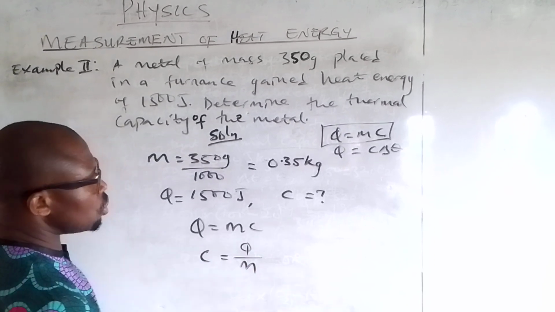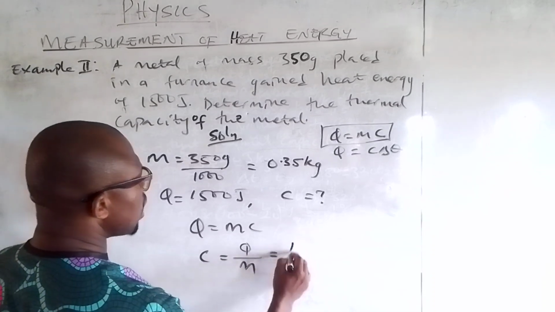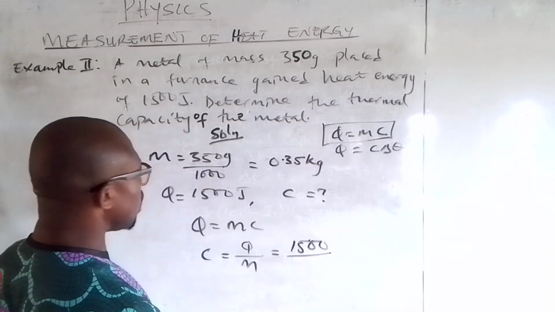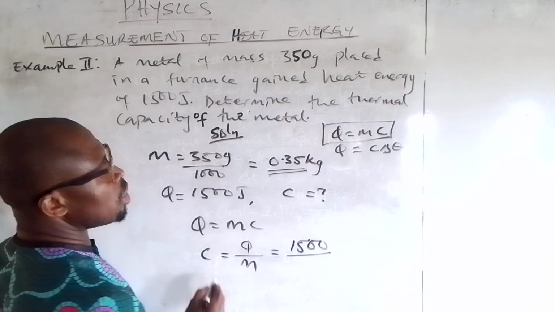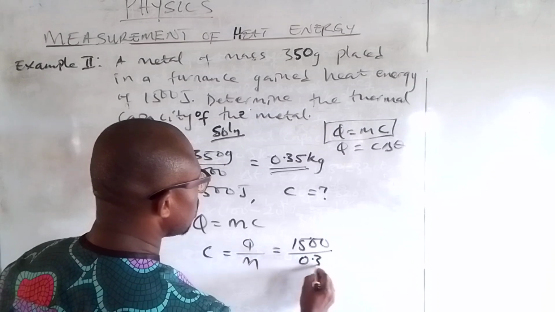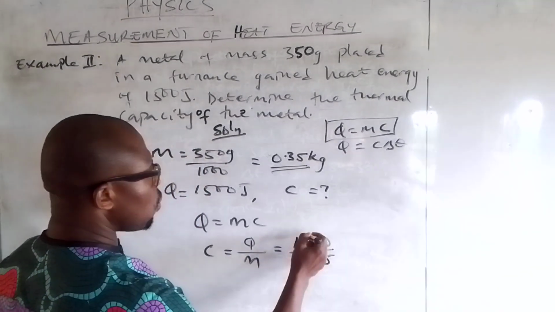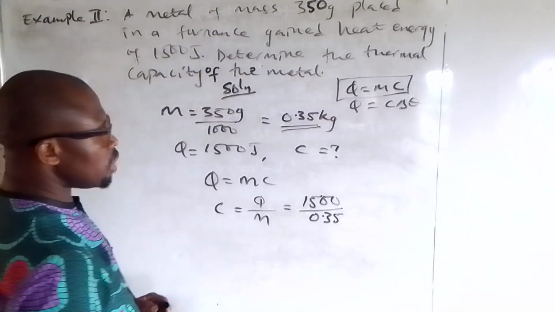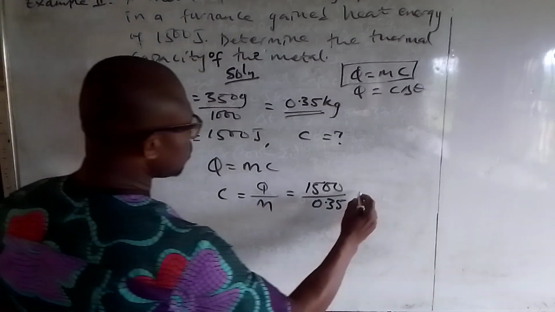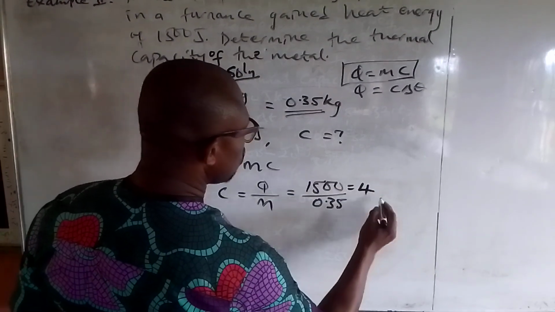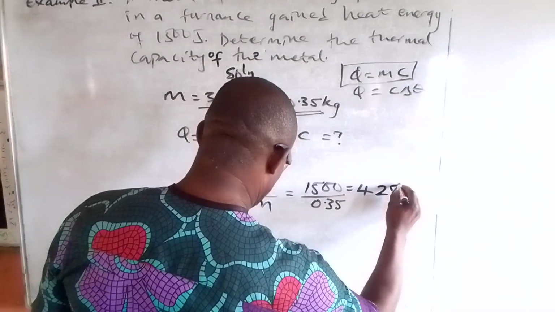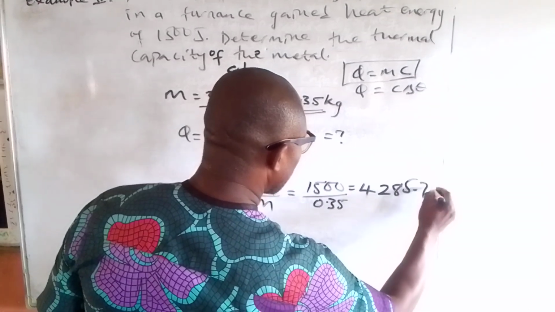Now substitute. We have 1,500 joules all over our mass. The mass we are using now is the converted value, which is 0.35. And 1,500 divided by 0.35 will give us 4,285.71.